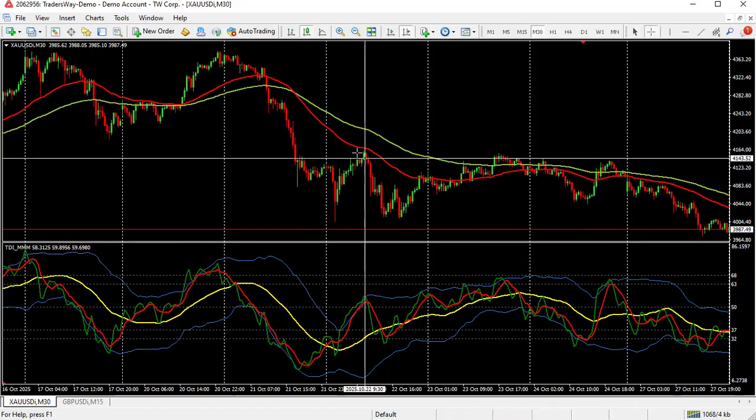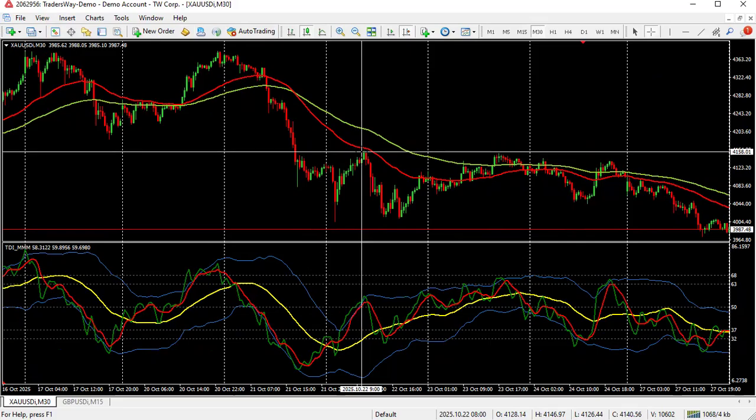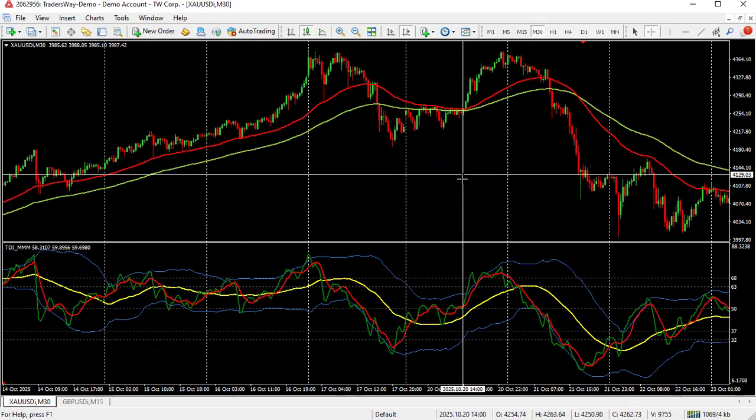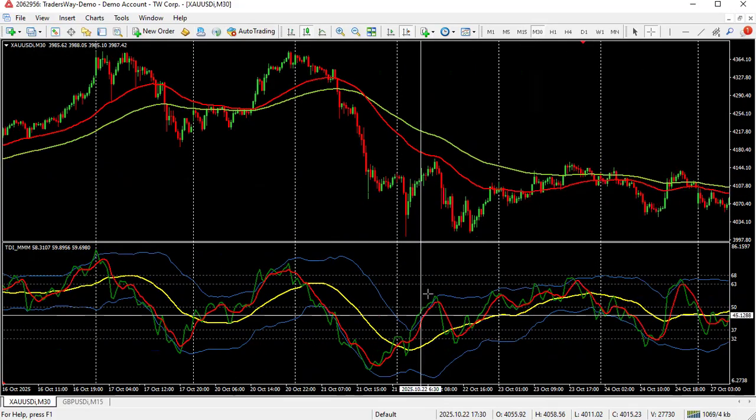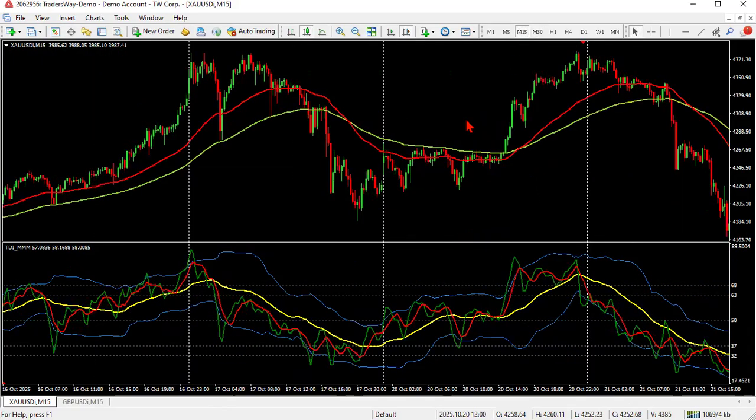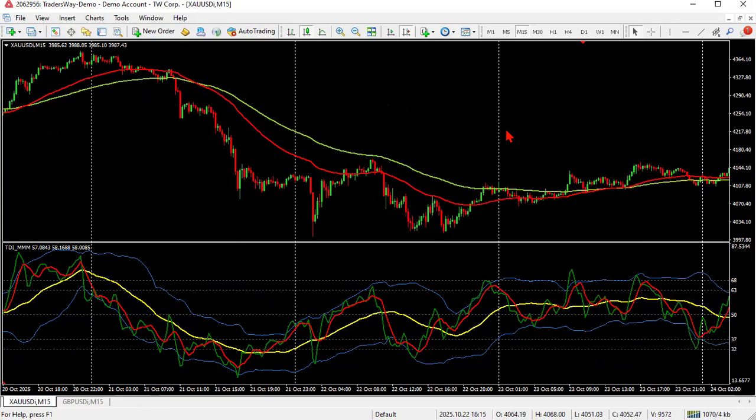Here's another double whammy. You have the RSI up here. I'm just looking too far to the left, but if you look to the left here, I'm pretty sure I'll find something else. It's 21st of October. Let's go to the 15-minute. See what we find. What do we have?